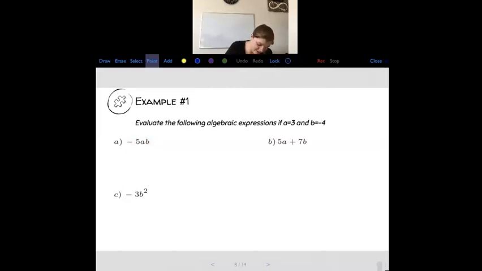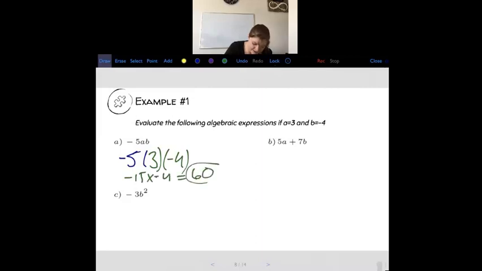So we have negative 5 times A times B. Okay, and so we just go straight across. This is negative 15 times negative 4, which gives us 60. So our answer is another number.